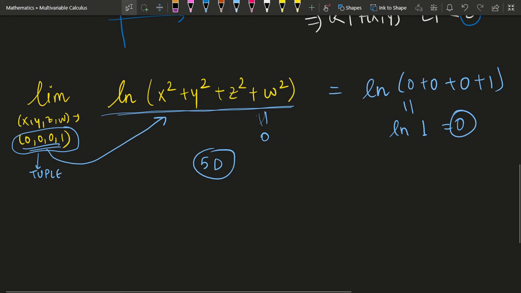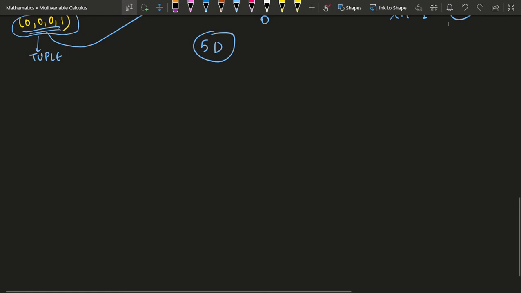We can even extend this. We can take an infinite number of variables if we want to.